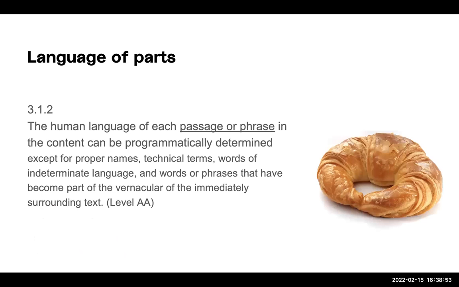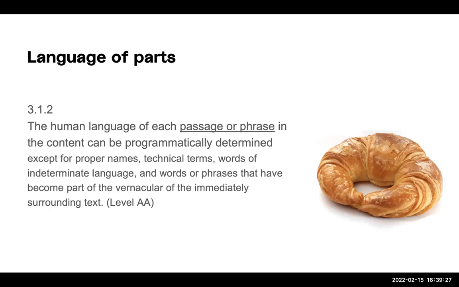There are some exemptions in this, but when we talk about the inner contents of the page, there is another success criterion for it, which is language of parts. So let's talk about this example. This is an image of a croissant, which is a French word, but you cannot translate this. There is no way to translate this name to English. It has to be there in French, and it has to be read out in French.